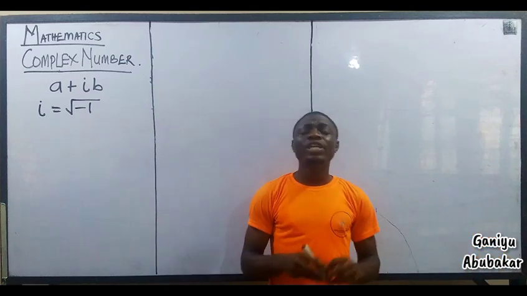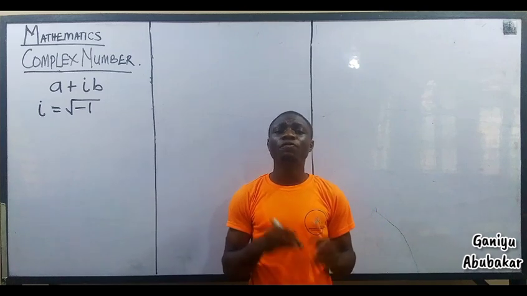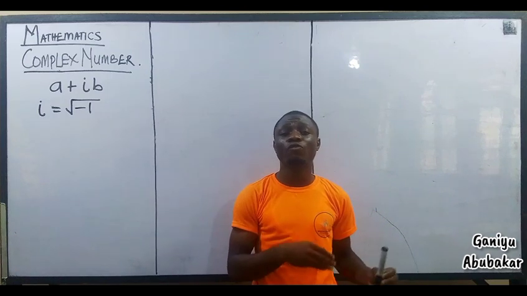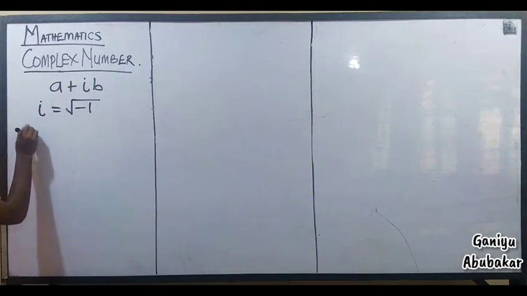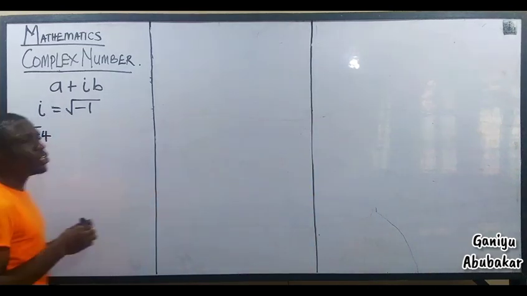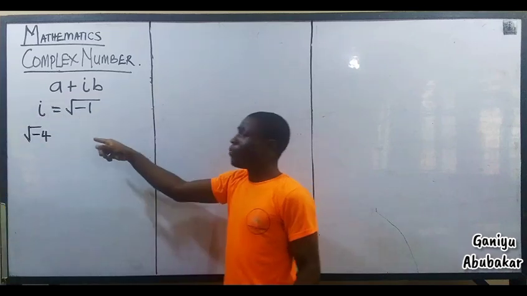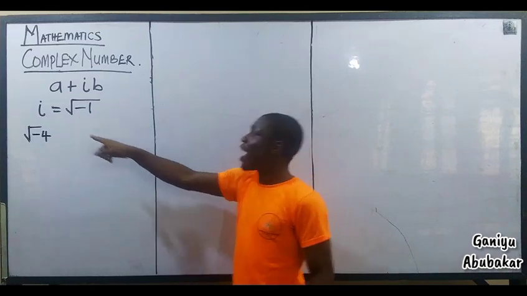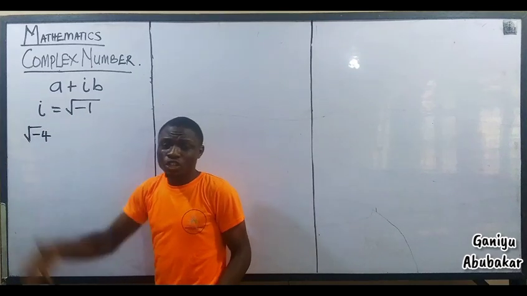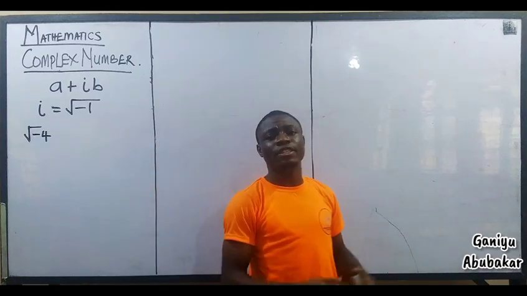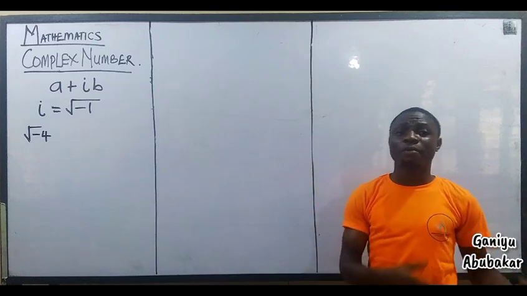Alright, during the 16th century, it was difficult to find the square root of a negative term. For instance, if I have root minus 4, this would not have been possible until i, equal to root negative 1, was invented. So this gives us the ability to find the square root of a negative term.